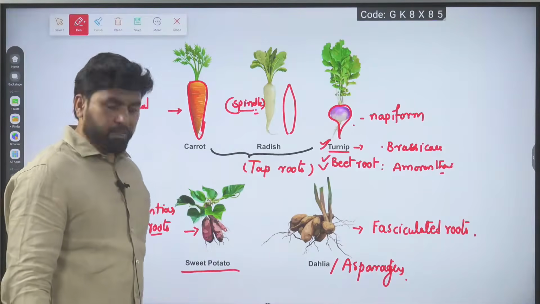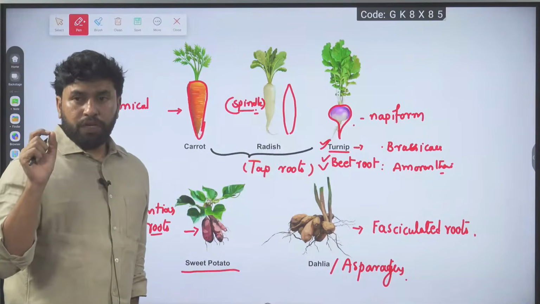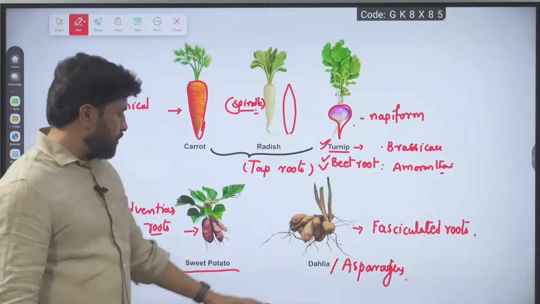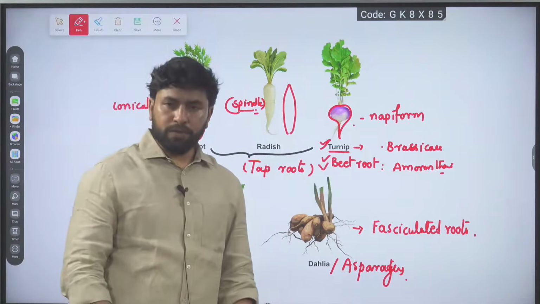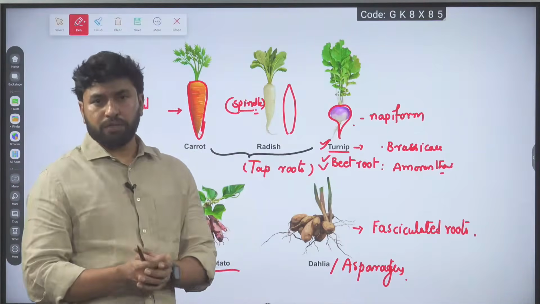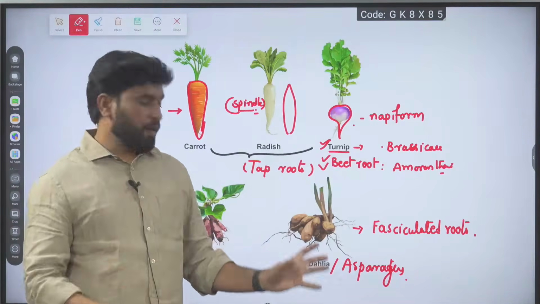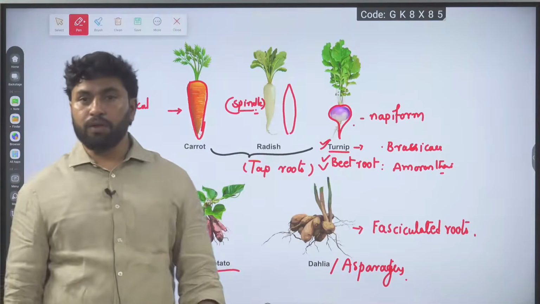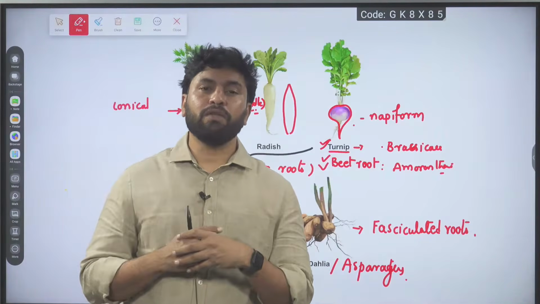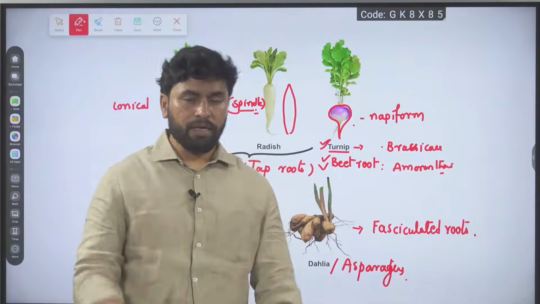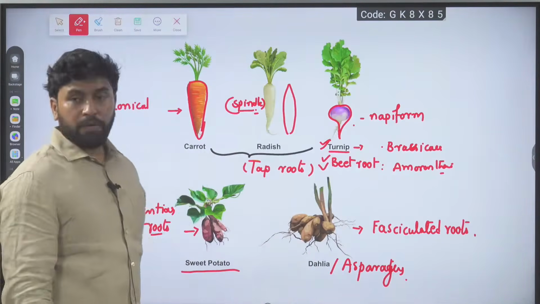Sweet potato stores food in its adventitious roots. Dahlia and asparagus store food in their fibrous roots, which are also a variety of adventitious roots, but the fibrous roots developed by asparagus and dahlia will grow in the form of bunches. Such bunches of roots are called fasciculated roots. Okay, this is about storage form of roots.